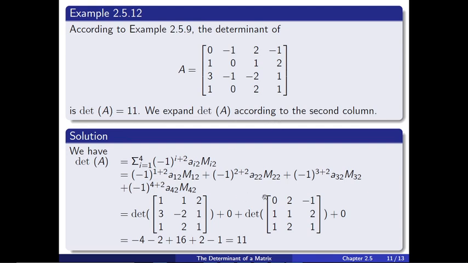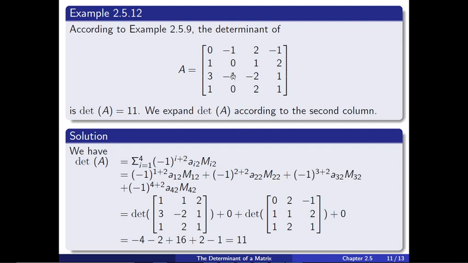So therefore we have that, and then we can calculate the determinant of M12, M22, M32, M42, and because we are using the second column, you will see that we've got two zeros, so that makes life easy because now we just need to calculate two determinants of these 3 by 3 matrices, M12 and I think M32.